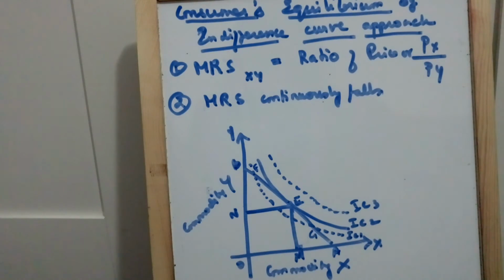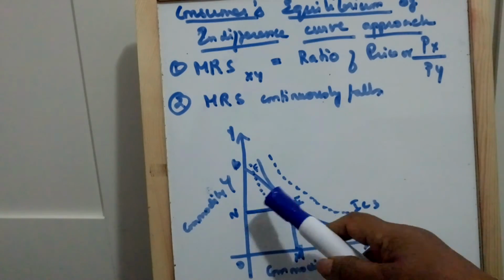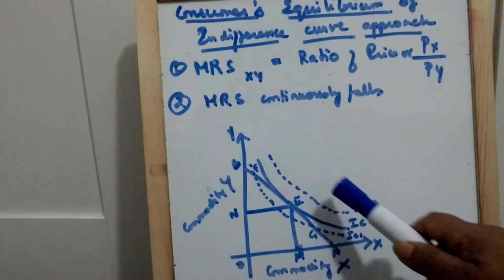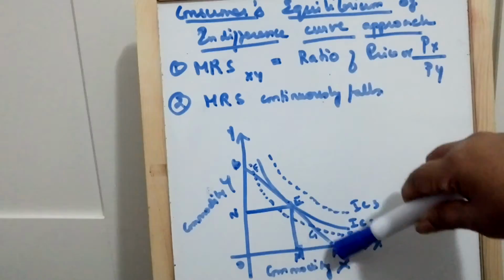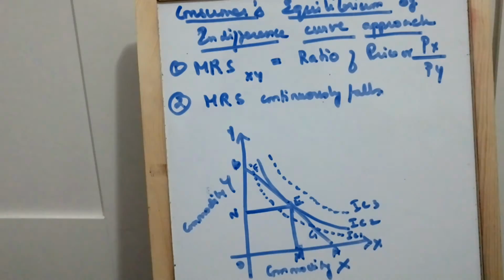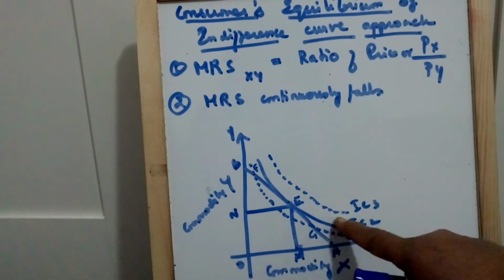In this, you find IC1, IC2, IC3. The three indifference curves are found, and AB is a budget line. So with the constraint of the budget line, the highest indifference curve which a consumer can reach here is IC2.